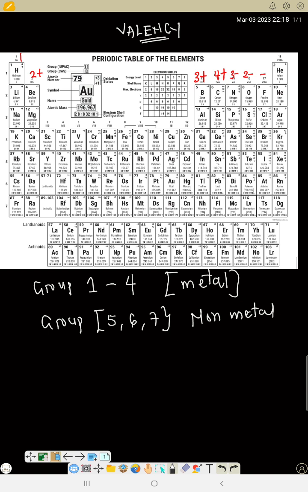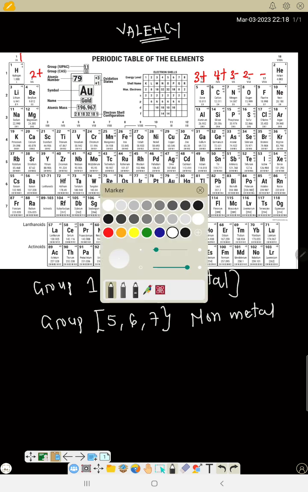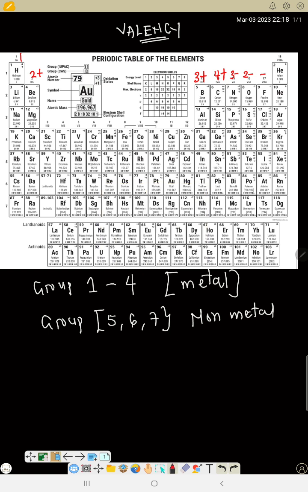For now, know that group 1 to 4, like I mentioned, are metals, and 5, 6, 7 are non-metal for naming sake. Now let's move on to another video, and note their charges are important. Group 1 we have +1 charge, group 2 we have 2 plus charge, group 3 we have 3 plus charge, 4 plus charge.